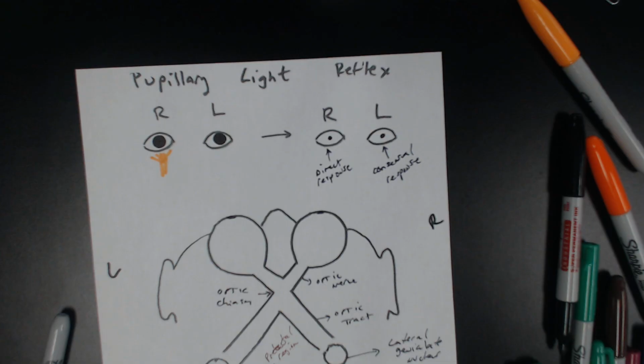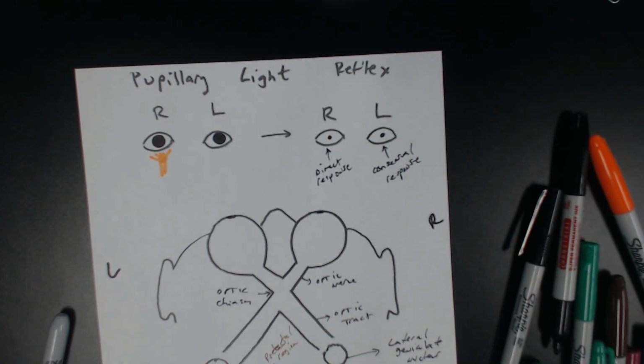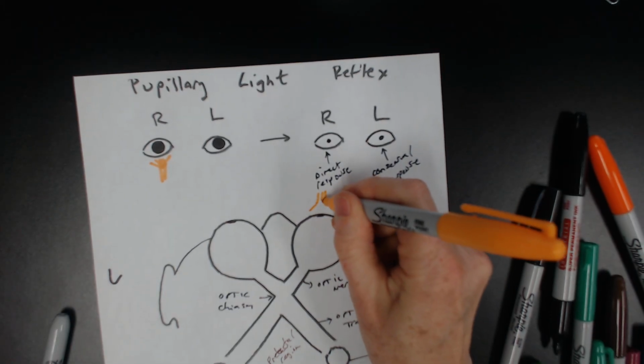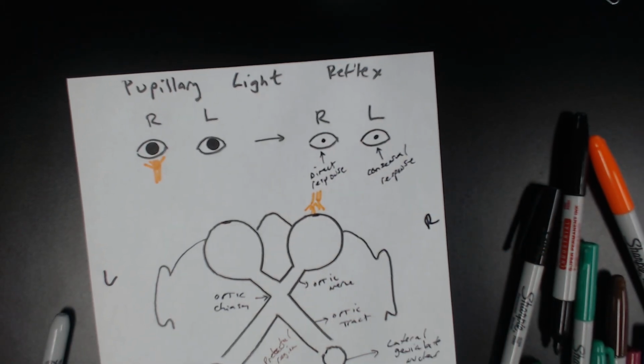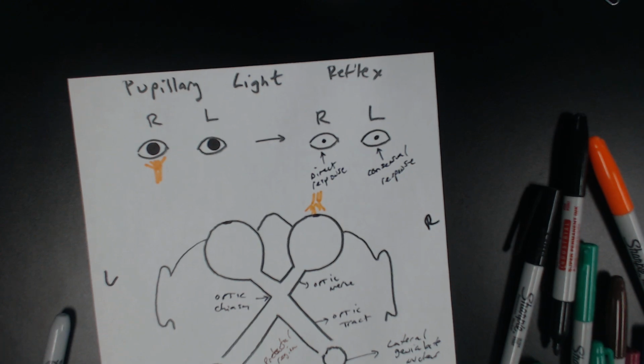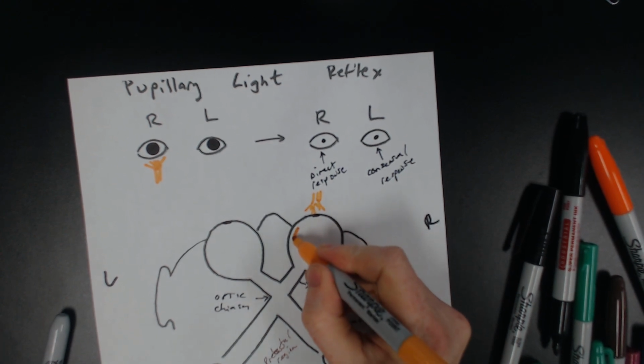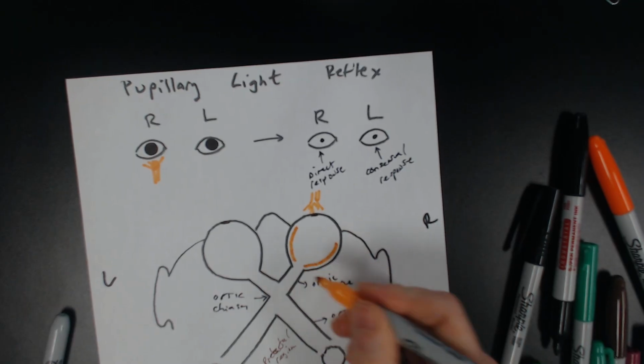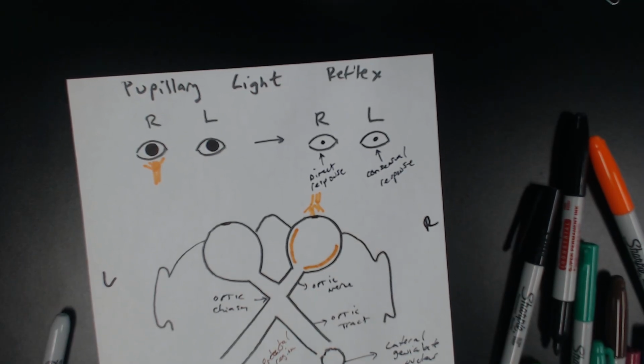Okay, questions about that? And this pathway is just going to show you how that happens. So down here I'm going to have the flashlight shown in my right eye. Okay, so I'm shining a flashlight in somebody's eye, and that light is perceived by both the nasal and temporal retina of the right eye.